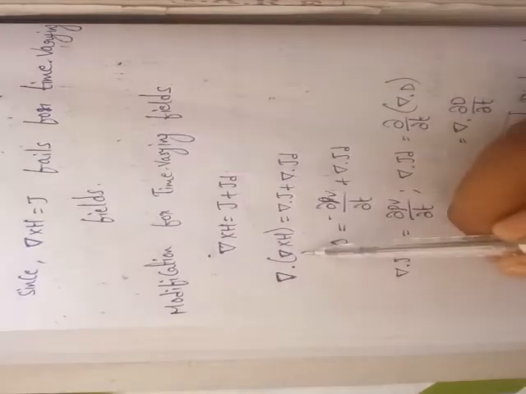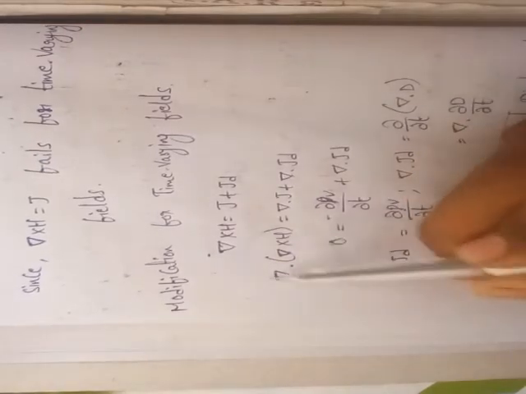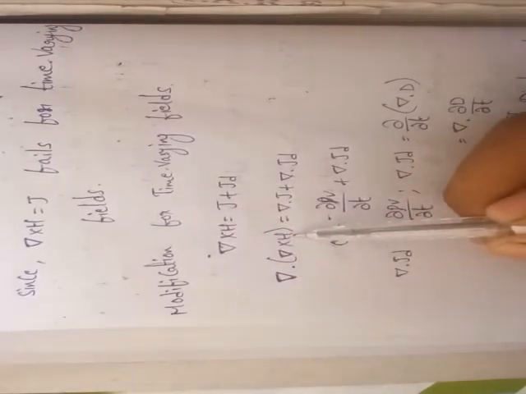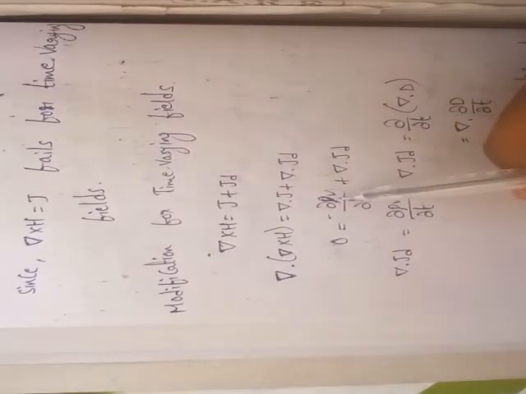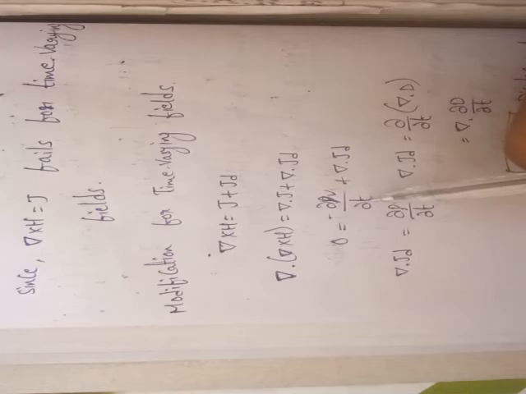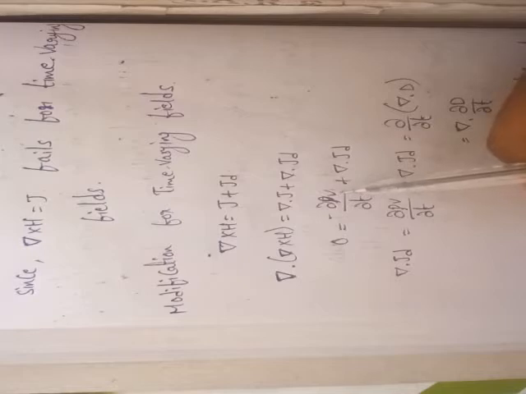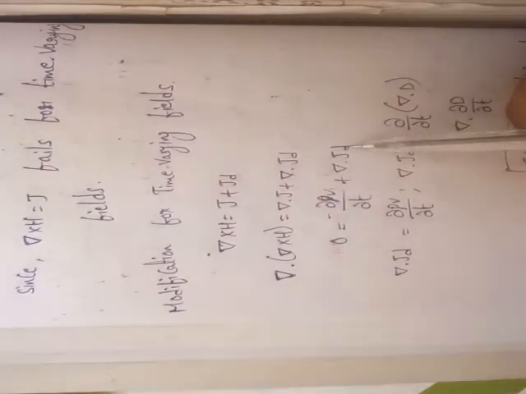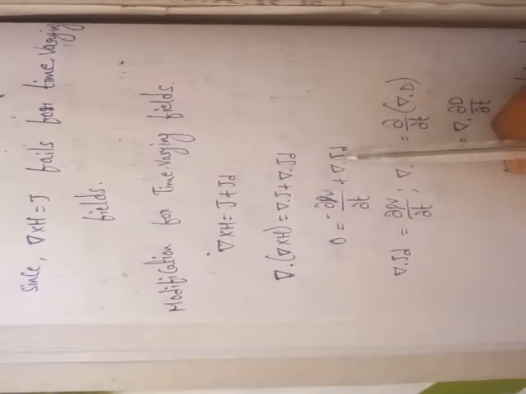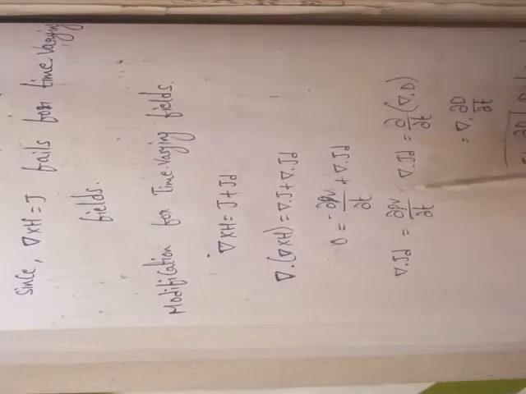From vector calculus, we know that the divergence of curl is 0, so 0 equals minus dou rho v by dou t plus del dot JD.